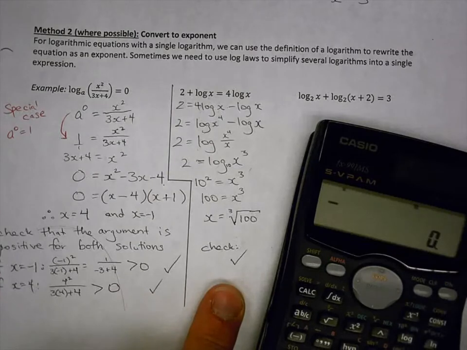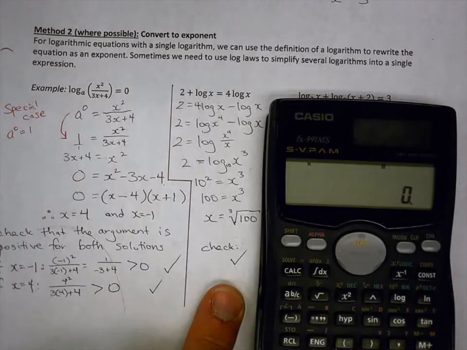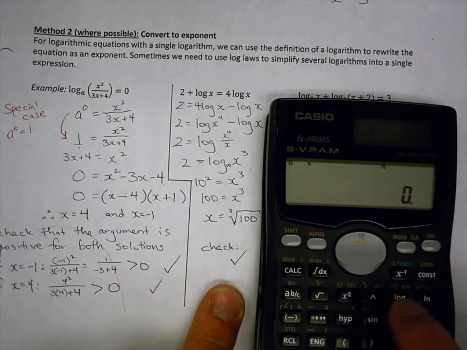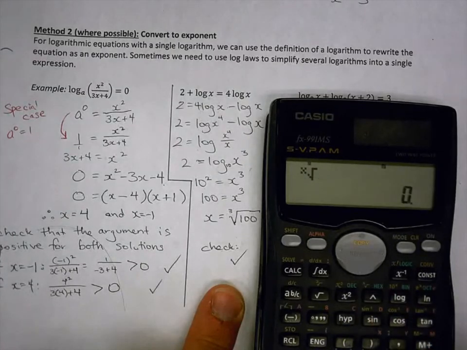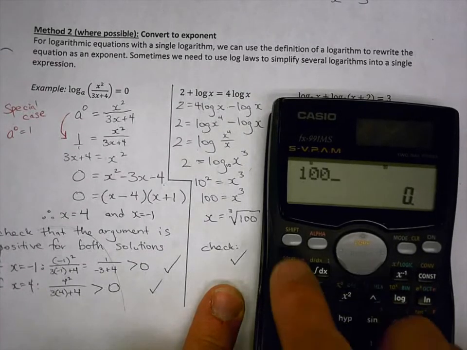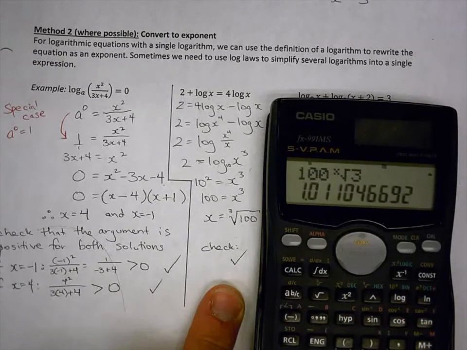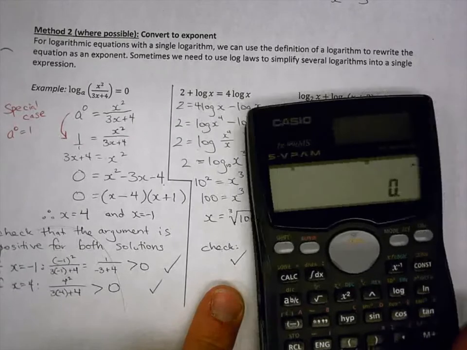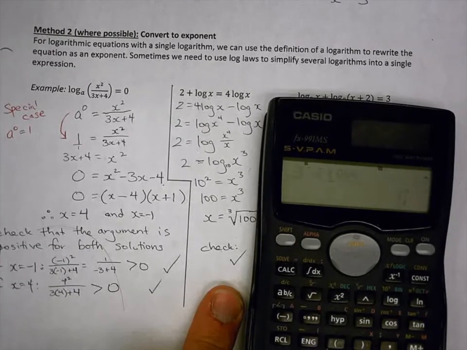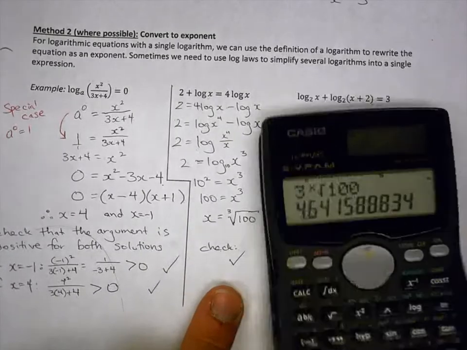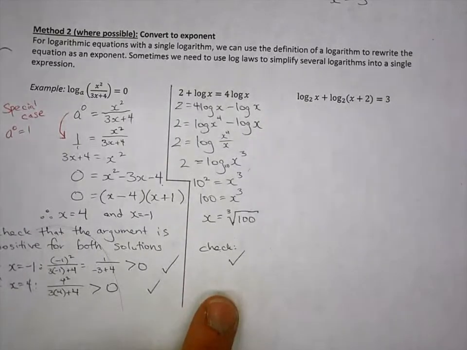If you did have a calculator exam, you'd have to actually figure it out. So we'd have the cube root of 100. Or no, I did it wrong. That's 4.64. That's the actual answer if I had a calculator exam.